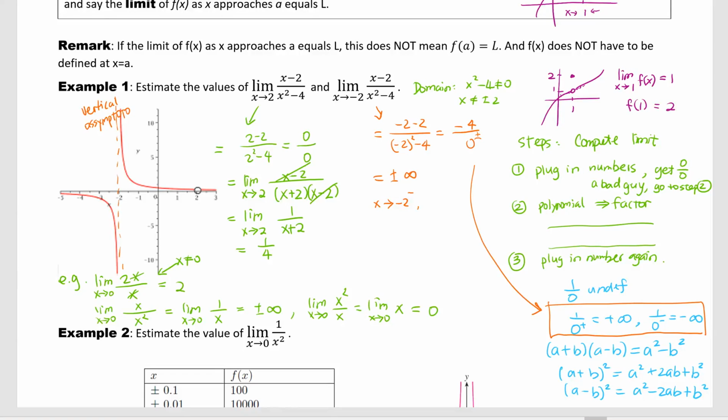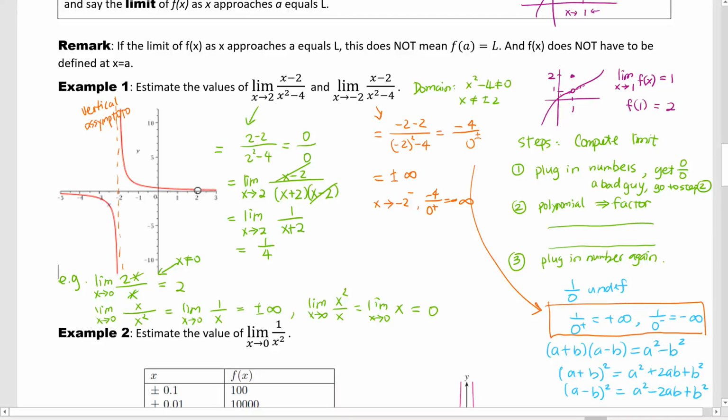Your denominator is getting close to 0, but is it 0 plus or 0 minus? Think about it. If we're going from the left, our magnitude is bigger than 2, even though it's negative. So x squared minus 4 is actually positive. So we have -4 over 0 plus, which is infinity, but with one negative sign. So that's why you see negative infinity. So the y will go to negative infinity.